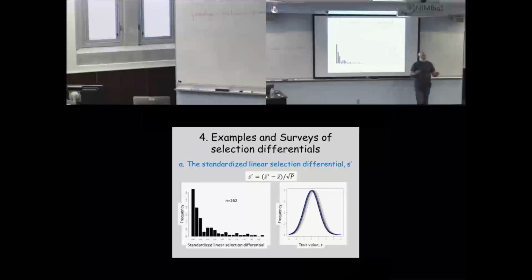The point is, the actual picture of how much selection is changing the mean of the distribution is nothing like what you're seeing in the textbooks, right? If you draw this in your class, you're going to say the distribution before selection is like this, and after selection, like that, is this far over.